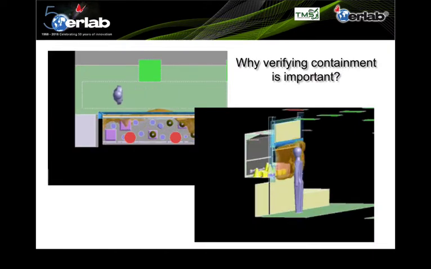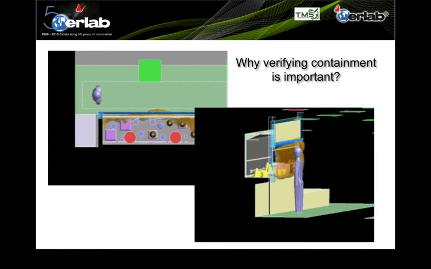Then we ask why we need to verify containment. Is this important? Yes. Containment allows the fume hood to protect us even in a situation where there is movement, or a slight change in the pressure in the room, like when the door is opened and closed, or even from the air conditioning system.